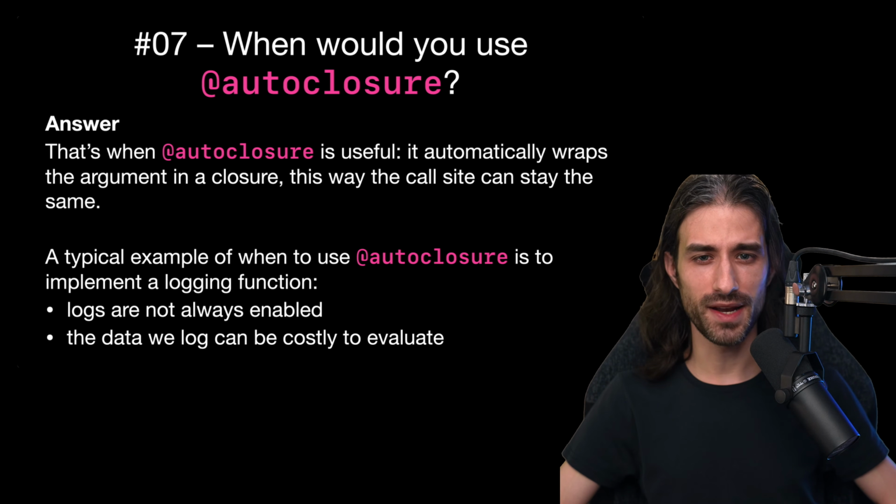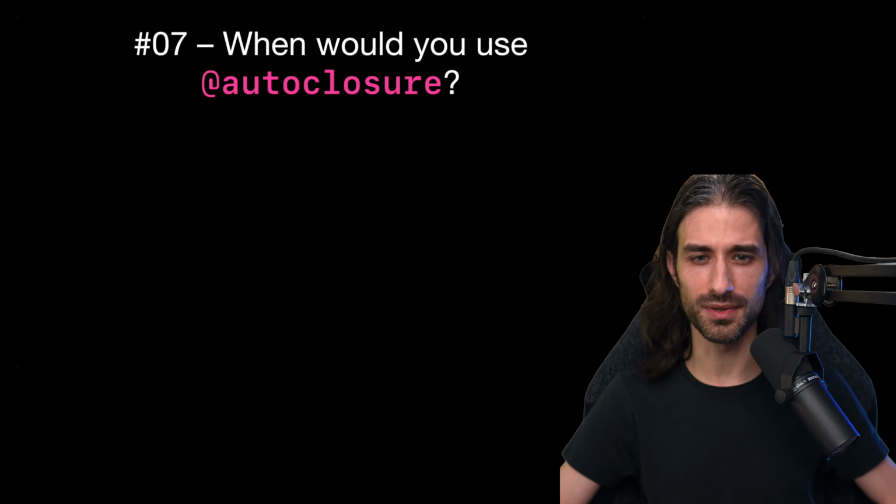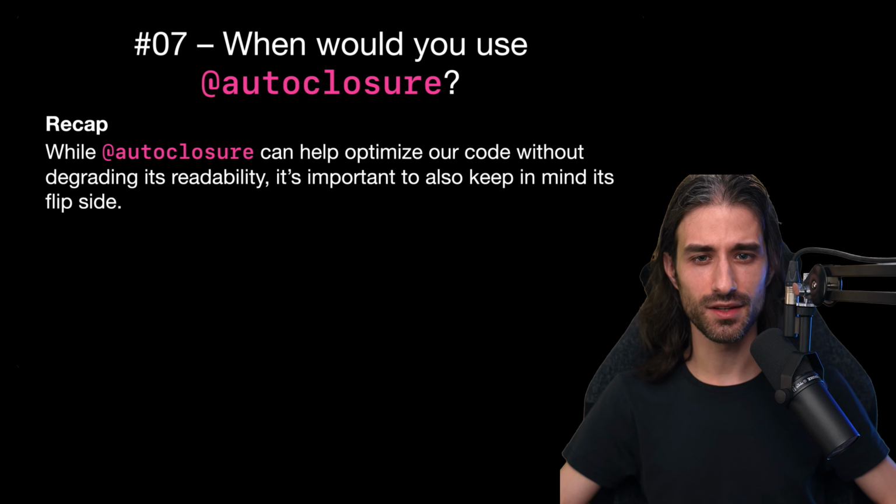And now that we have explained when it would make sense to use @AutoClosure, let's tie everything together by moving into the recap. We can start by saying that while @AutoClosure can definitely help us optimize our code without degrading its readability, like with any sugar syntax, it's important to also consider its flip side.